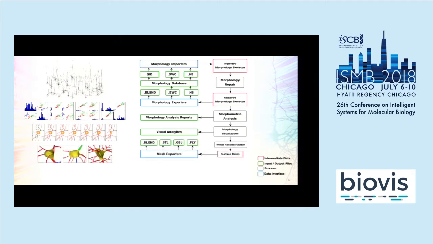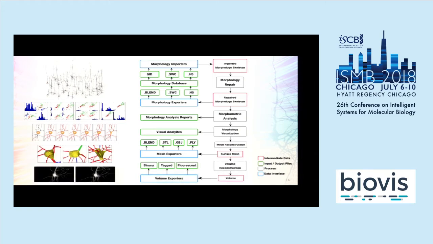And then from the fixed morphology, we generate different types of surface meshes, and we also export them in different file formats. And finally, we generate from these mesh models volumetric models, and we annotate or tag them with the actual optical properties of the cortical tissue and also with the spectroscopic properties of any fluorescent dyes that tag them.